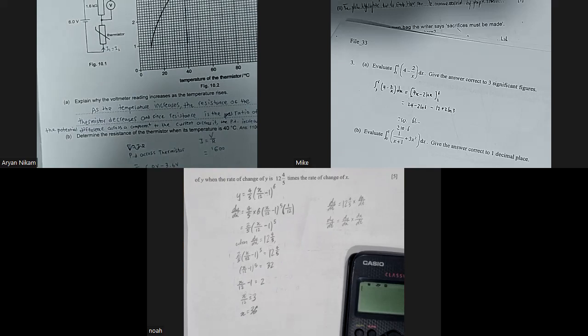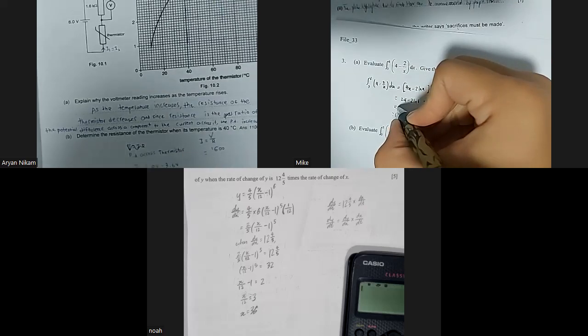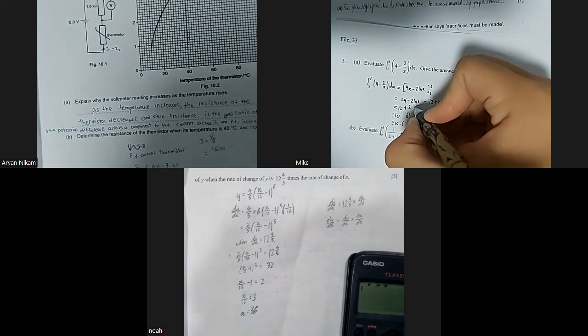What do I do after this? What does the question ask? Find dy dt. Seriously, the question asks you to do that? You read the question again. What does the question ask of you as the answer? Find the value of y. All right. You have found the value of x.